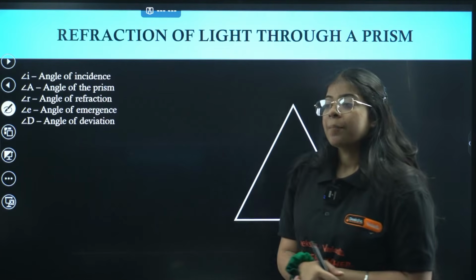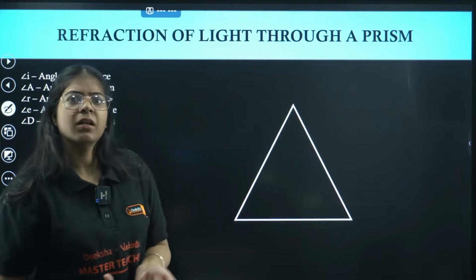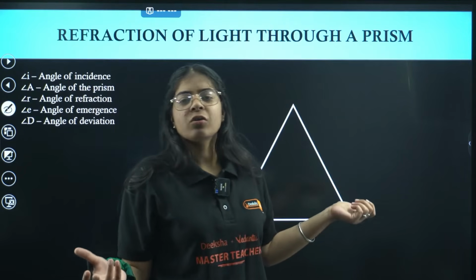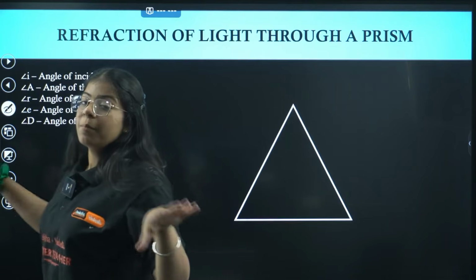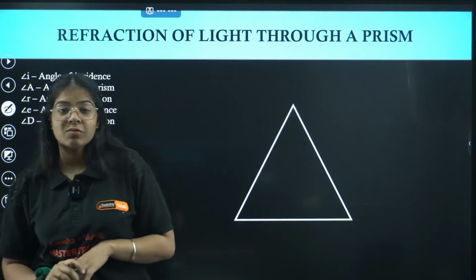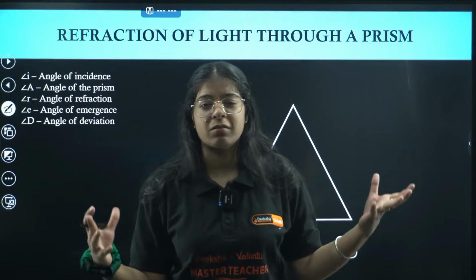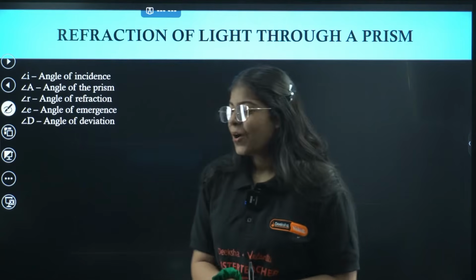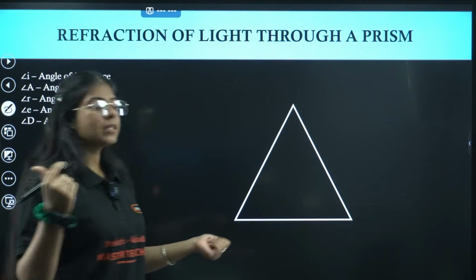It was made when they saw different colors of light. They were like, what is happening? How is the white light splitting into colors? We'll discuss all that today. Before that, we need to discuss one very important topic, which is refraction of light through a glass prism.